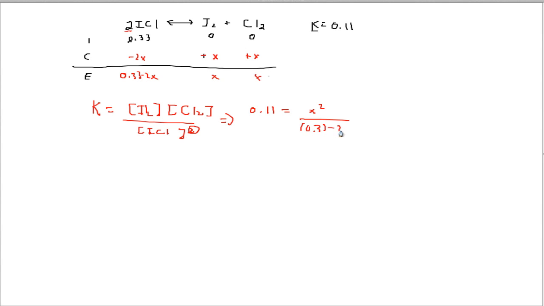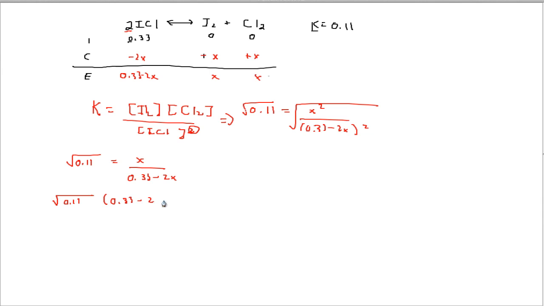0.33 minus 2x, squared. And to get rid of that square, we're going to take the root of both sides, which gives us the root of 0.11 is equal to x over 0.33 minus 2x, which will give us the root of 0.11 times 0.33 minus 2x is equal to x.